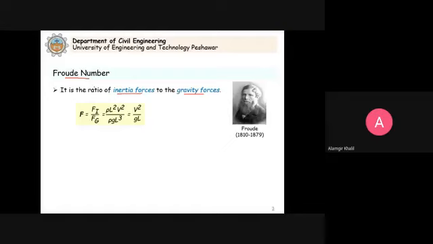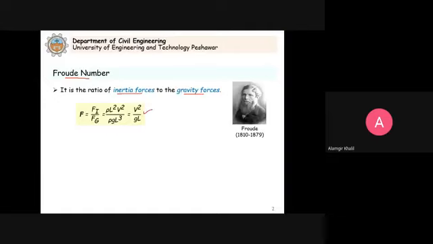The Reynolds number is the ratio of inertia force by viscous force. Similarly, this Froude number, which we have studied in detail in the open channel hydraulics chapter, is the ratio of inertia force by gravity force. Now it can be written in this form.